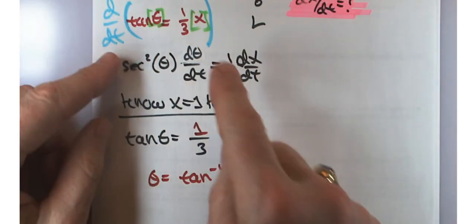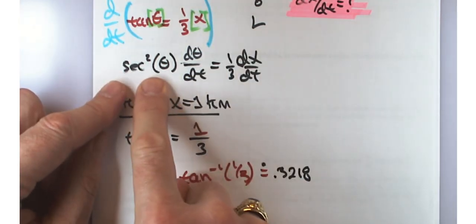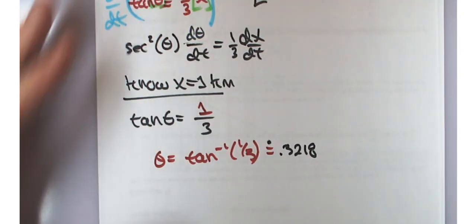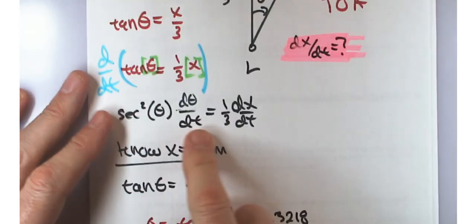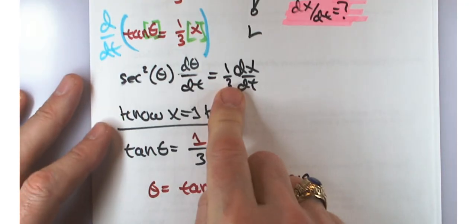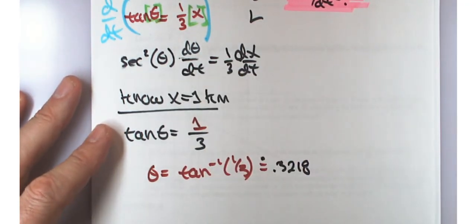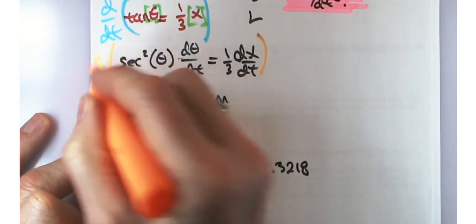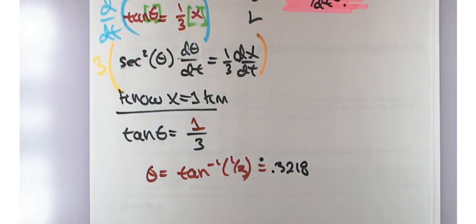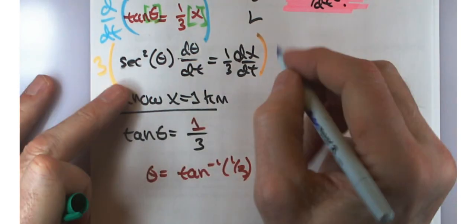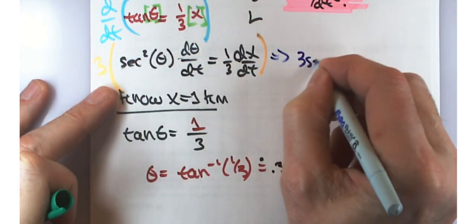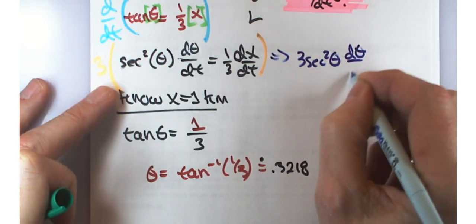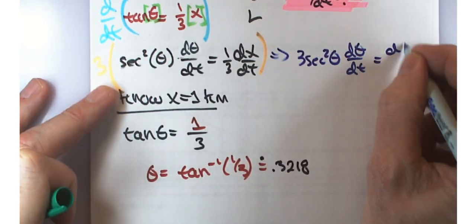And I think we've got everything we need to fill in here. We're going to solve for dx by dt by multiplying both sides of this relationship by 3. That's going to give me 3 secant squared of theta, d theta by dt, equals dx by dt.